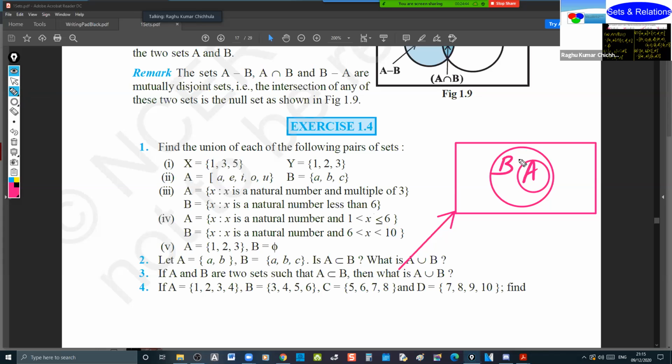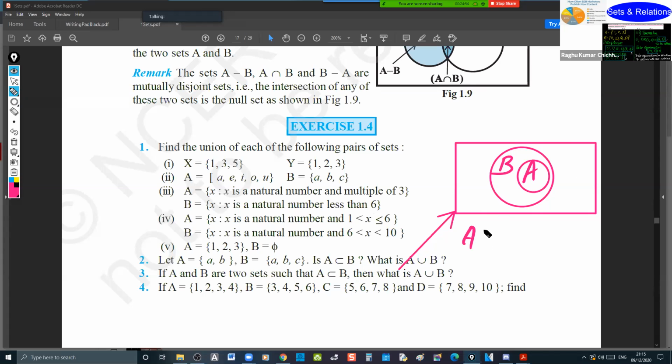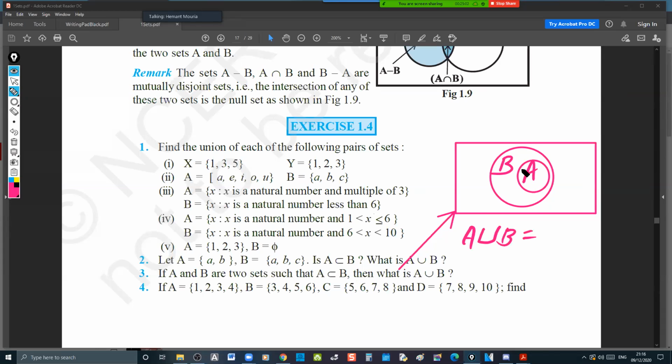A is a subset of B means A is lying in B. So it's just like the previous question, right? But there the elements are given, here the elements are not given. That means you have to write the set only. So we can say A union B is equal to just B. That's it.